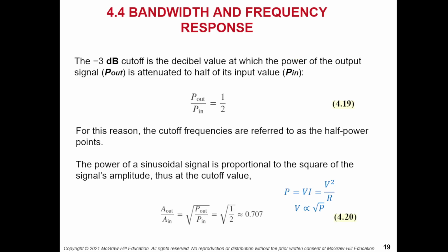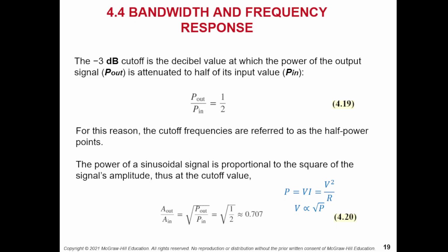But why do we define the bandwidth at the -3 dB point? First we need to go back to electrical engineering. Power is equal to VI, and it's also equal to V squared divided by R. We want to find the relationship between the power and our output voltage.